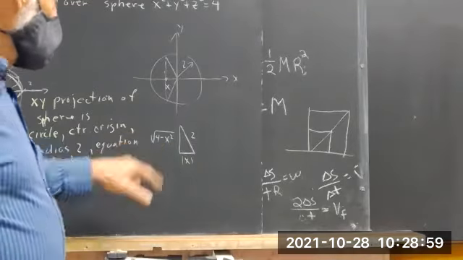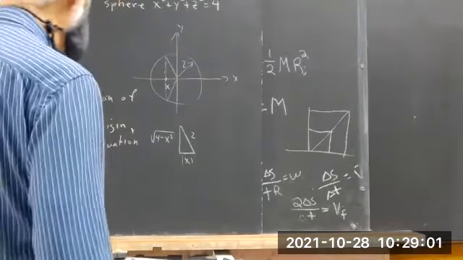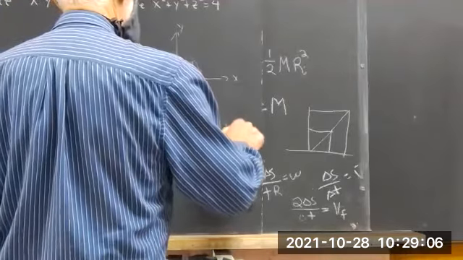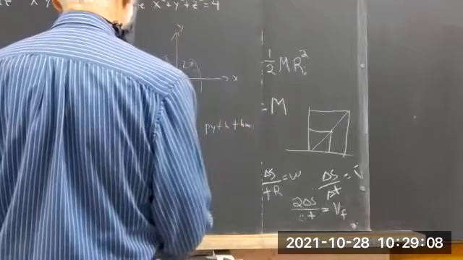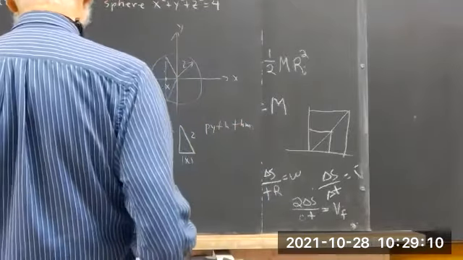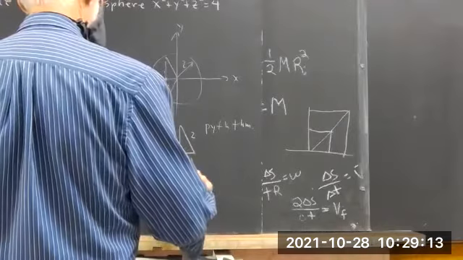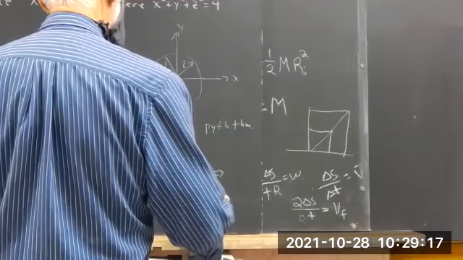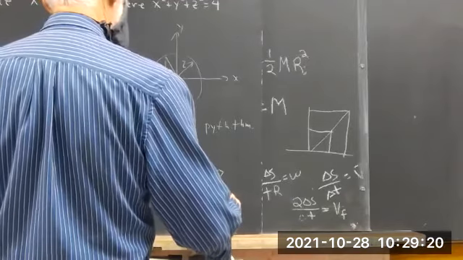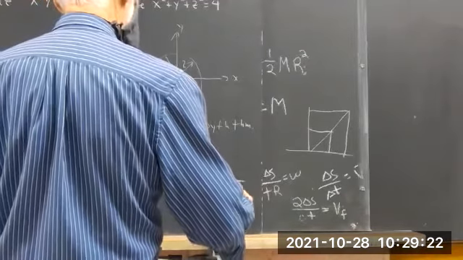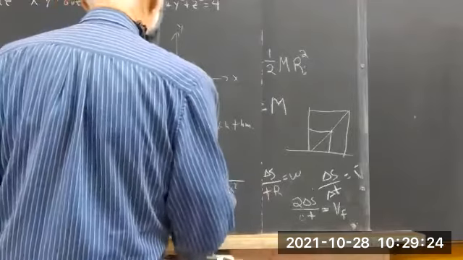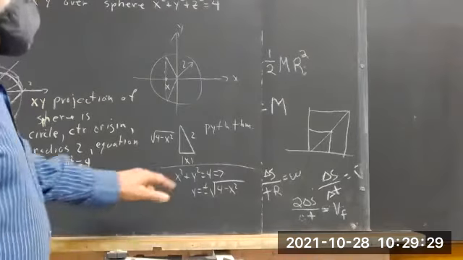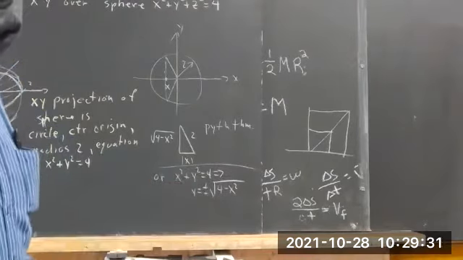Okay, so by the Pythagorean theorem, we have this. It's the equation of the circle, which of course is just a statement of the Pythagorean theorem.